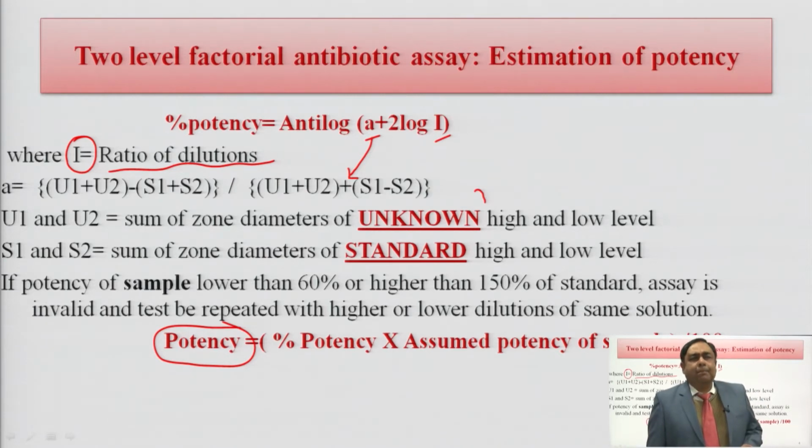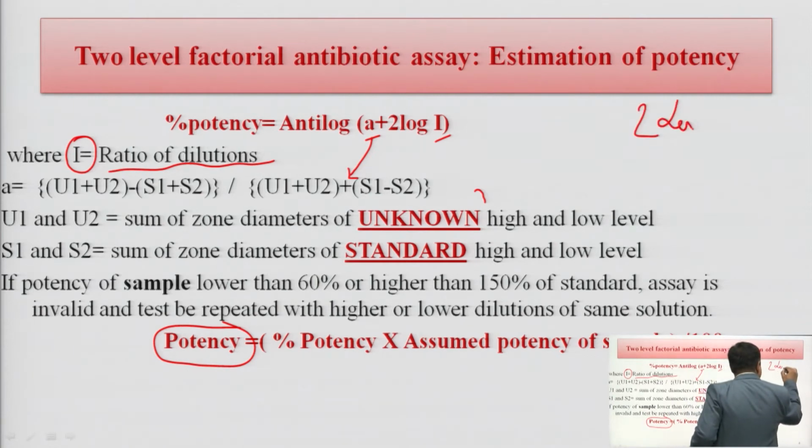Whereas U1 and U2 are nothing but the sum of the zone diameter of unknown high and unknown low. S1 and S2 are the sum of zone diameter of standard high and standard low, because you have taken two levels of standard which were S1 and S2.